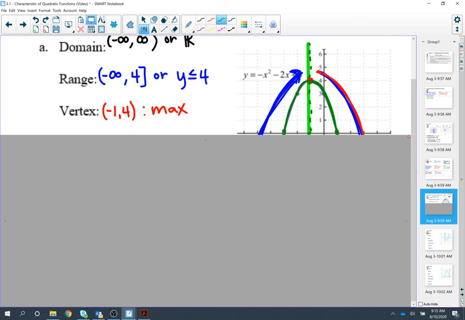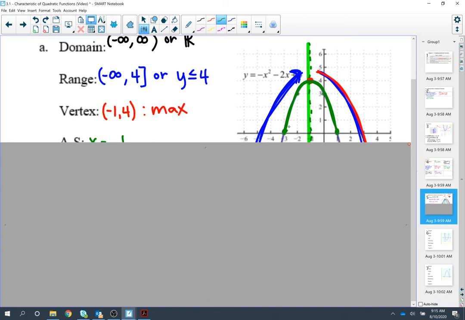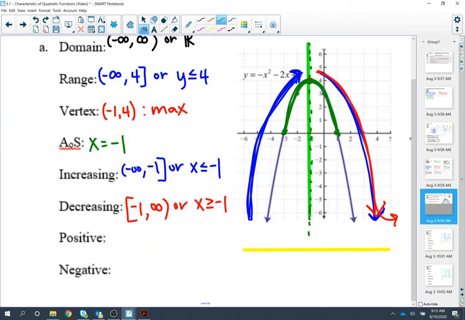Now, do you know where this point is? I believe if I move my screen shade that point is at -3. Above the x-axis to +1. So from -3 to +1, I'm positive.